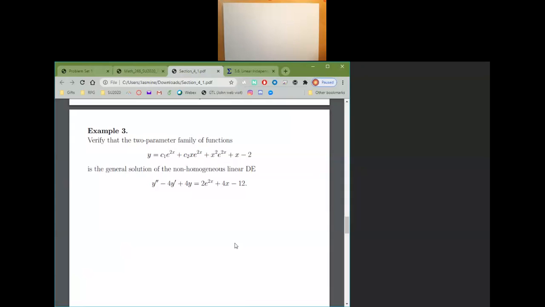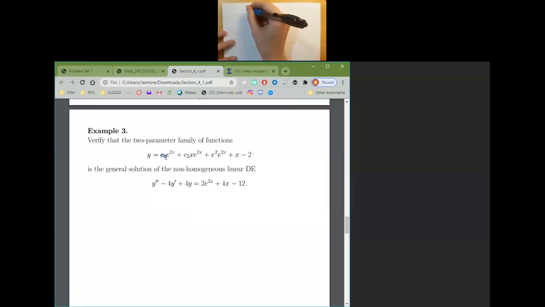Verify that the two-parameter family of functions, this is a general solution to the non-homogeneous linear differential equation, this. So that consists of showing, let's see, search for your constants here, because they'll tell you what the fundamental set of solutions was, right? There has to be an arbitrary constant attached to each of the fundamental solutions.